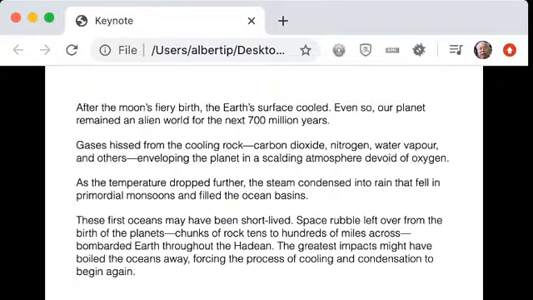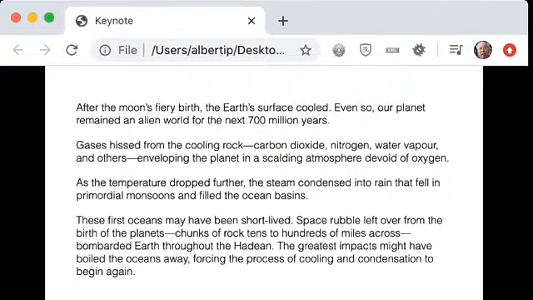After the birth of the Moon, the Earth's surface slowly cooled, and our Earth's surface remained alien to modern life for at least 700 million years. At that time, there would be a lot of gases emitting out of our inner materials.